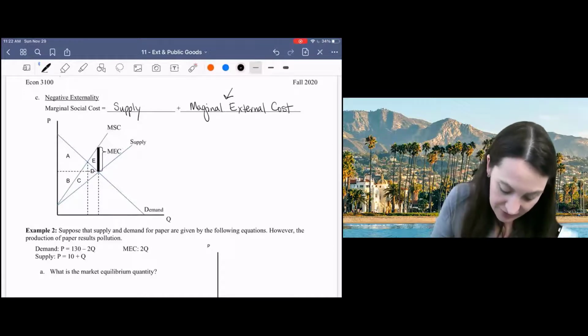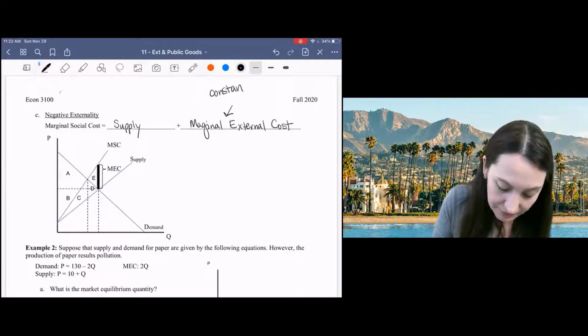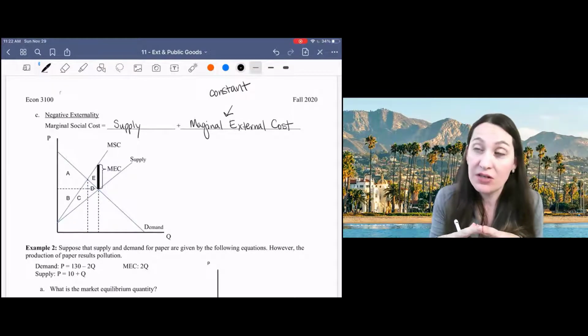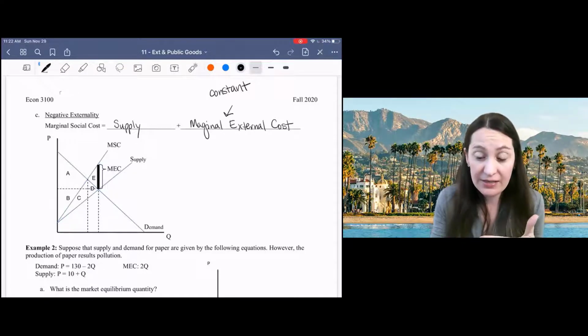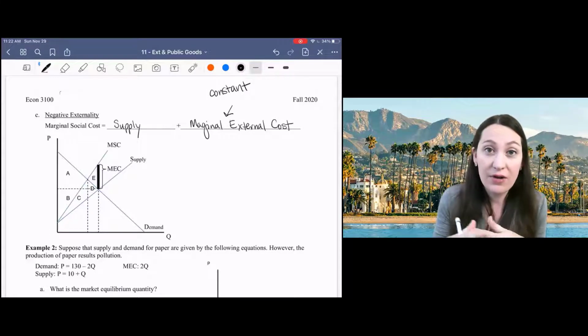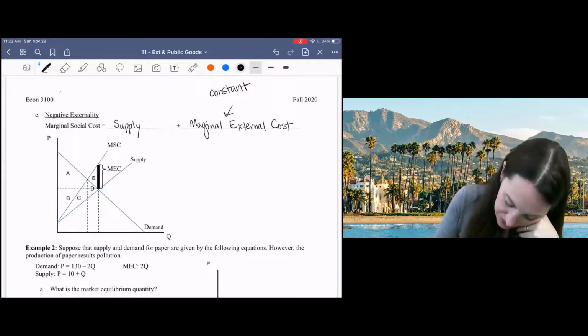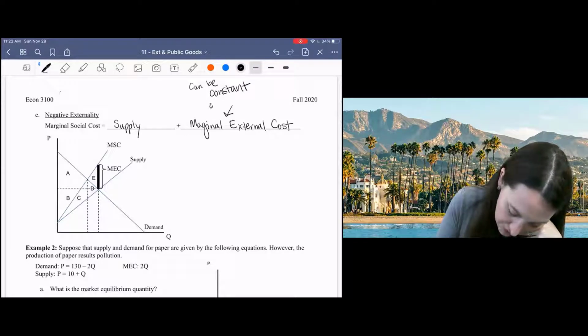So you might think about something like pollution, where a small amount of pollution is not really noticeable, but as it gets large, like smog, for example, right? As you get more and more pollution, the cost of that is greater, both in terms of health and in terms of aesthetics. So this marginal external cost can be constant or increasing.